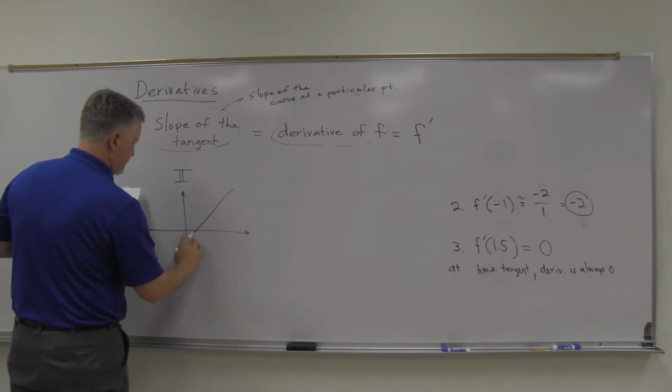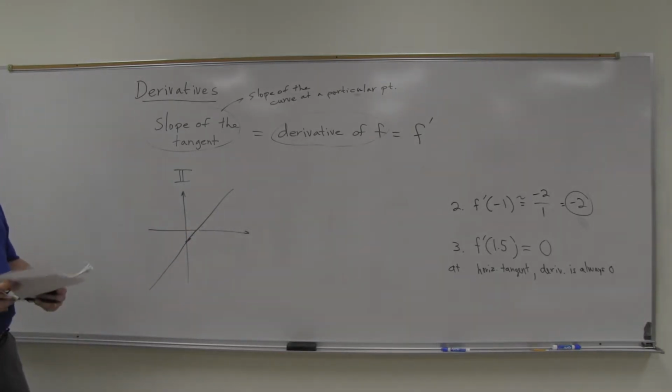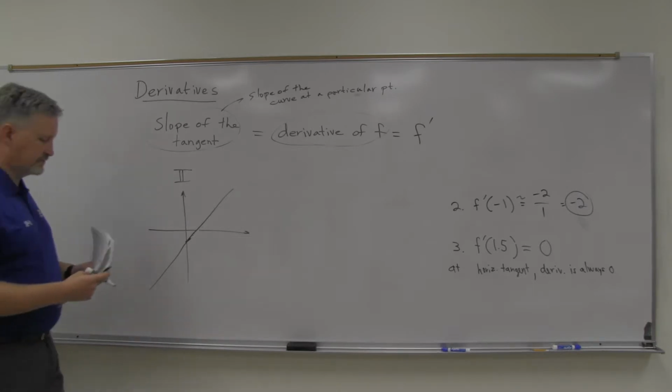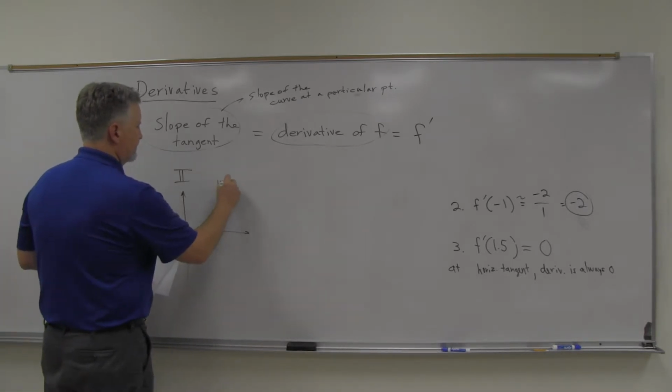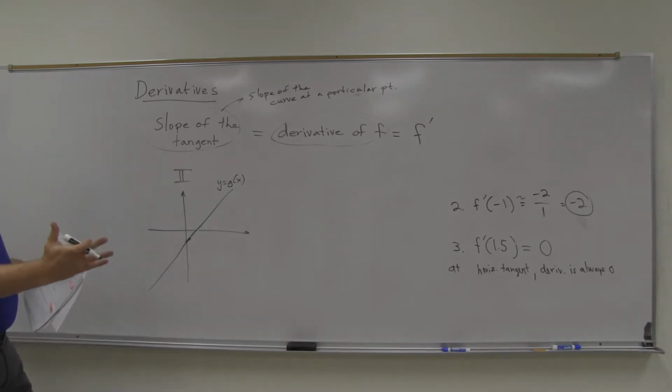Try to get it kind of accurate here. Okay. So let's do the same thing here. Let's estimate. I call this one G, didn't I? Y equals G of X. So I've changed the name, but guess what?